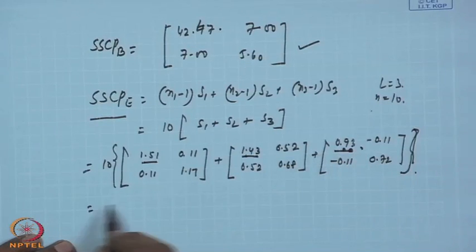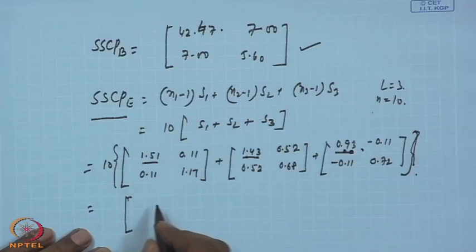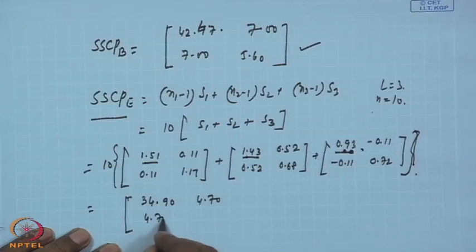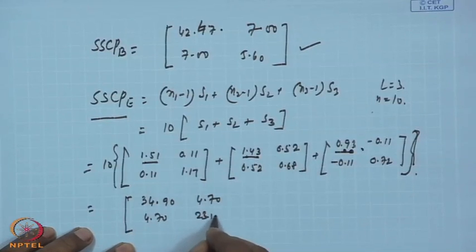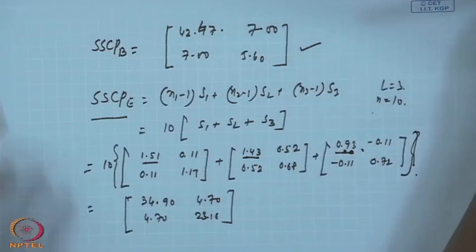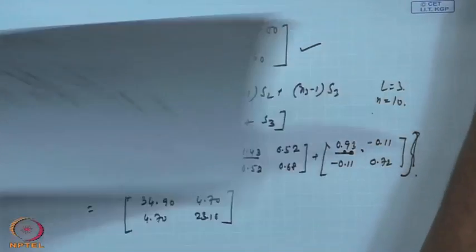So, this resultant quantity will be your 34.90, 4.70, 4.70, 23.10.